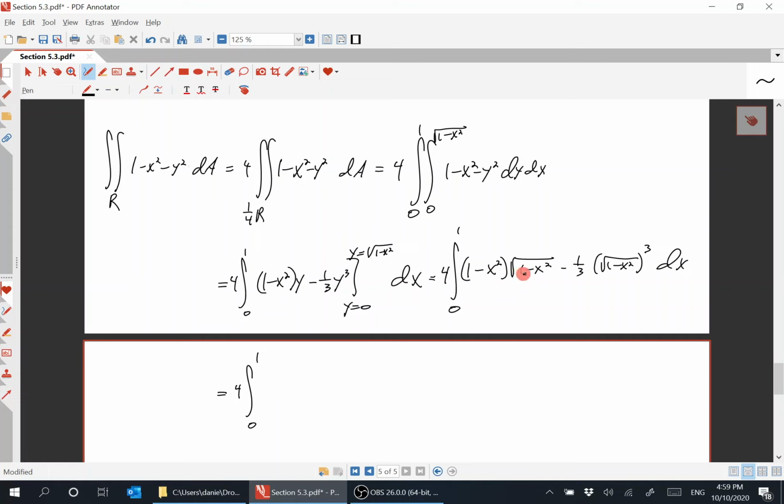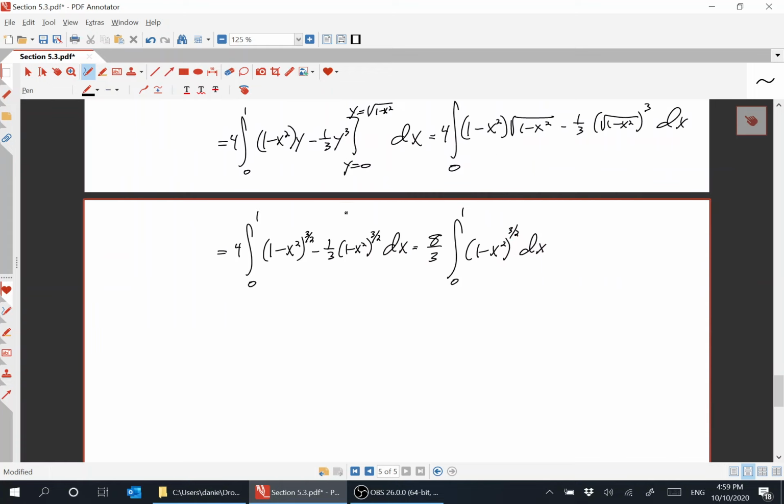Well, this becomes 1 minus x squared to the 3 halves. We got 1 minus x squared to the 1 and 1 minus x squared to the 1 half, added together, give me 1 minus x squared to the 3 halves. Same thing here: minus 1/3, 1 minus x squared to the 3 halves. So that's 2/3. So 8/3 times the integral from 0 to 1, 1 minus x squared to the 3 halves dx.